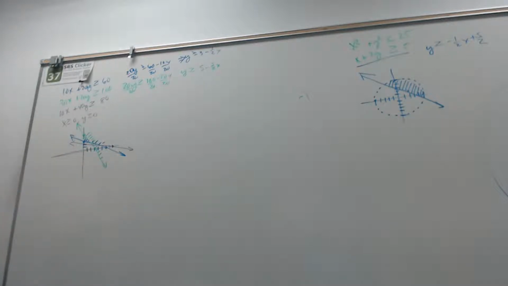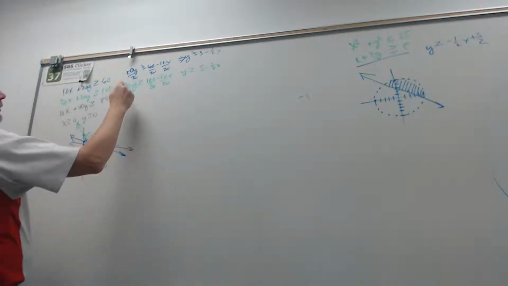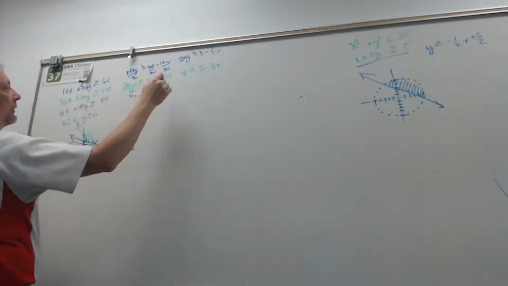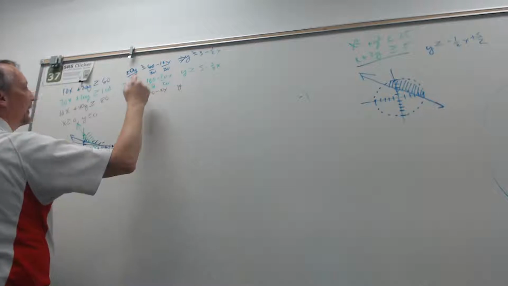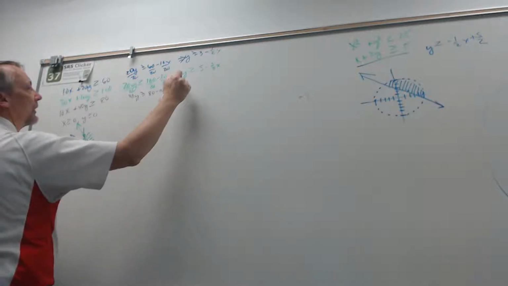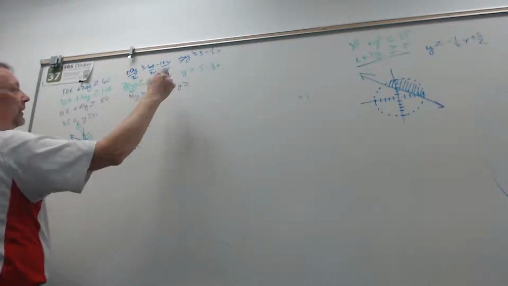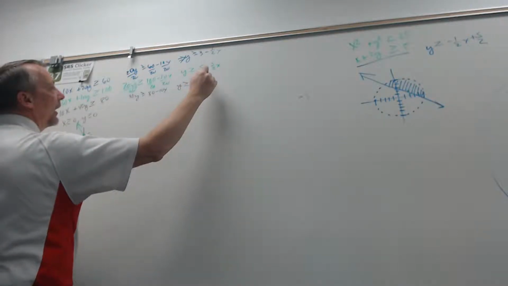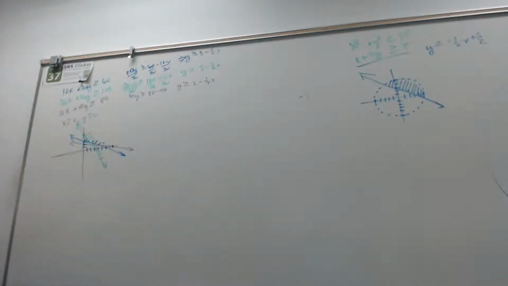With the purple one, we want 40y greater than or equal to 80 minus 10x, divided by 40, so y is greater than or equal to 2 minus 1/4 x. So we want this area up here.